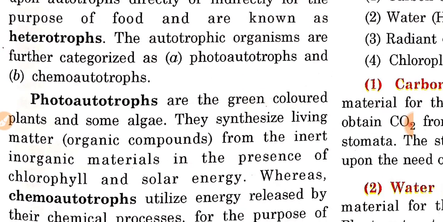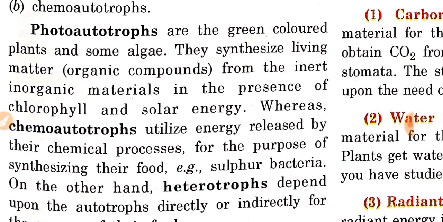The autotrophic organisms are further categorized as photoautotrophs and chemoautotrophs. As the name suggests, photo means light. These are green colored plants and some algae. They synthesize living matter, organic compounds, from inert inorganic material in the presence of chlorophyll and solar energy.